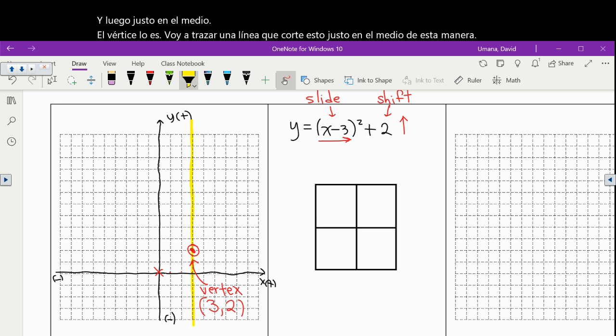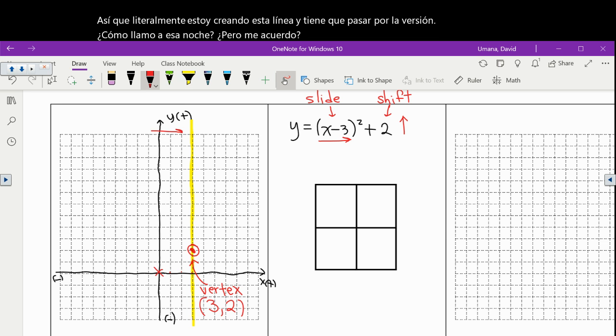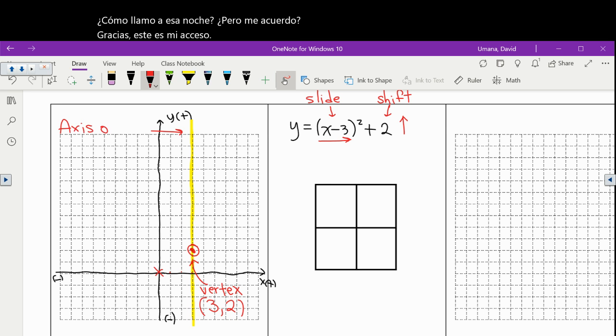So I'm literally creating this line, and it has to go right through the vertex. What do I call that line? Anybody remember? Thank you. This is my axis of symmetry.